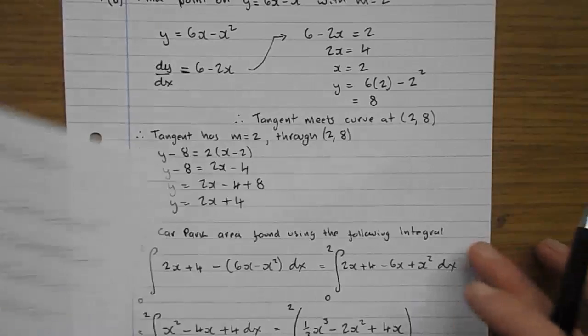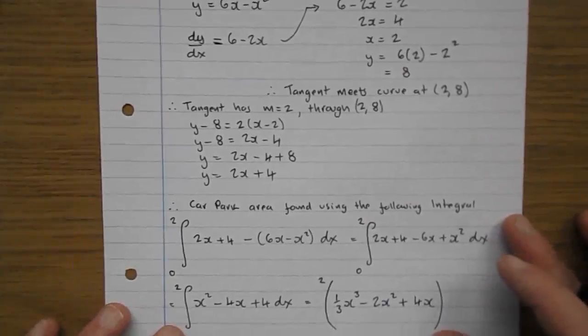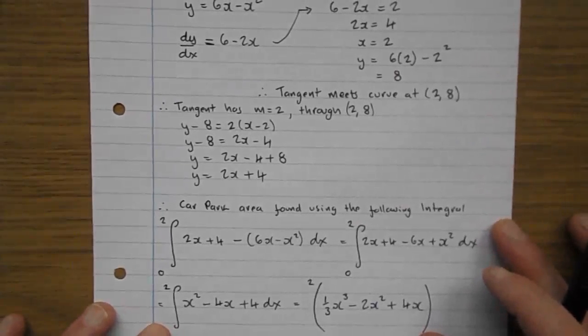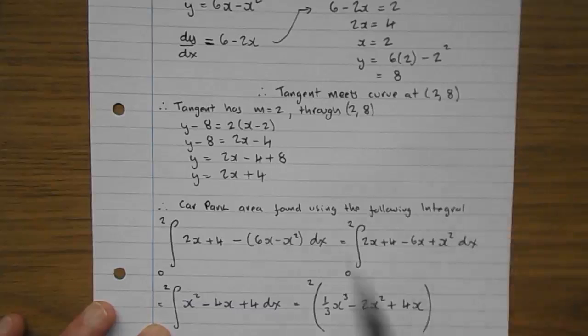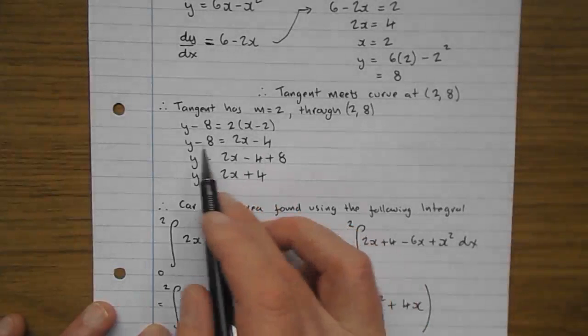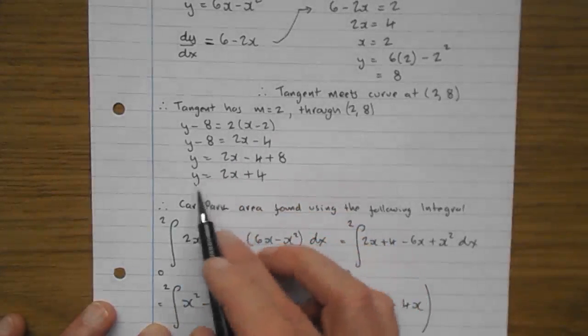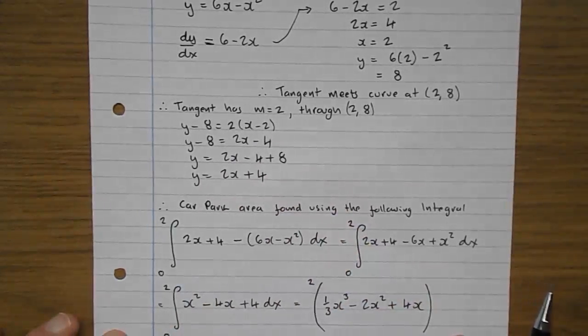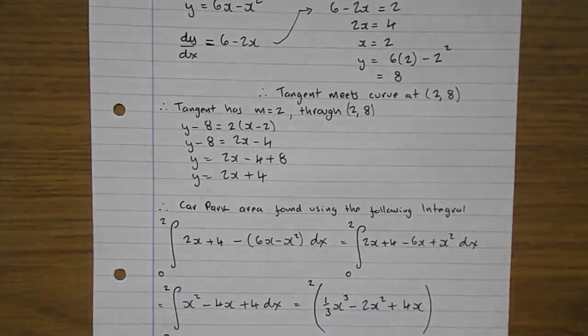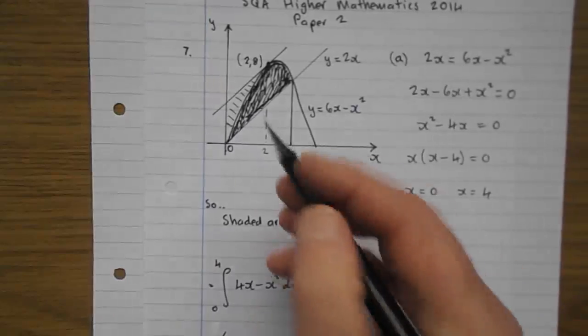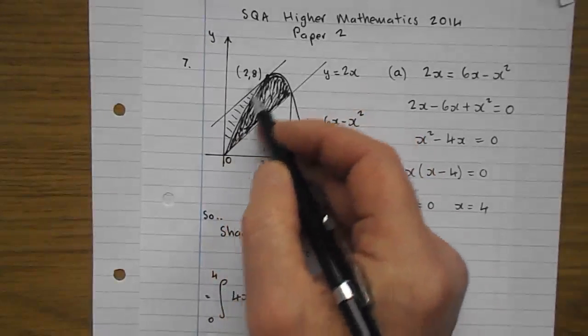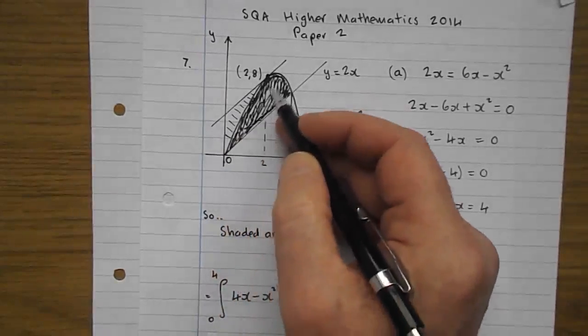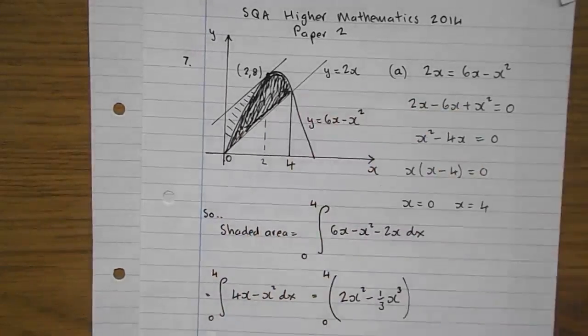So what's the equation? y minus b is m times x minus a. y minus 8 is 2 times x minus 2. Multiply it all out and minus 8 becomes plus 8. So you end up with y equals 2x plus 4. So the equation of this line here is y equals 2x plus 4. And then you have the parabola 6x take x squared.